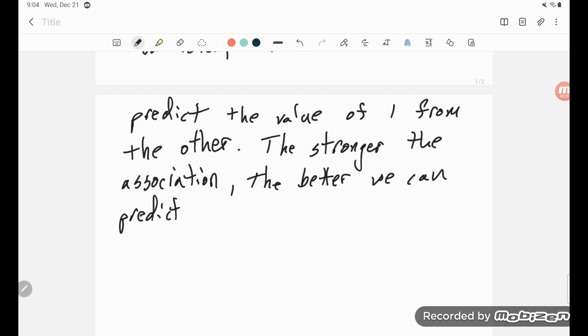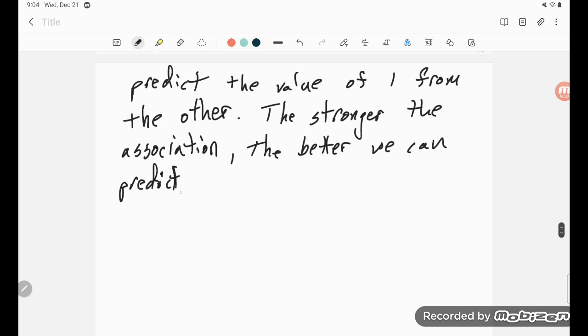But we'll see that the correlation part doesn't necessarily indicate a stronger association.